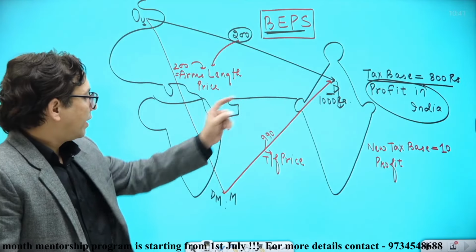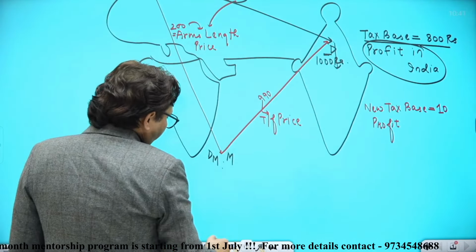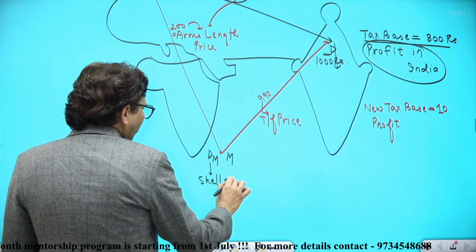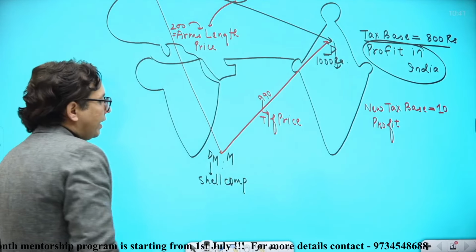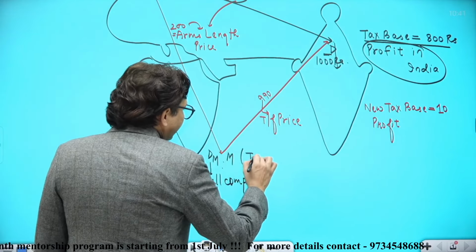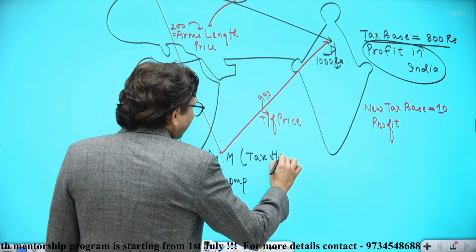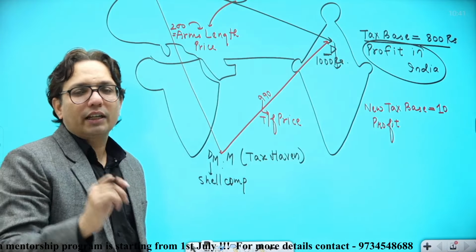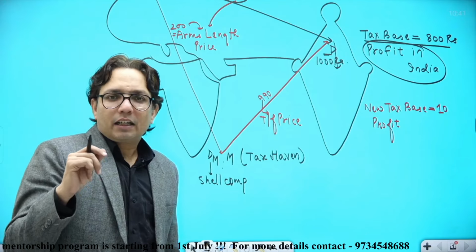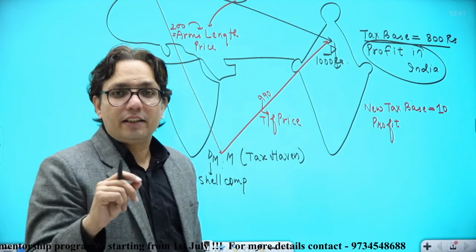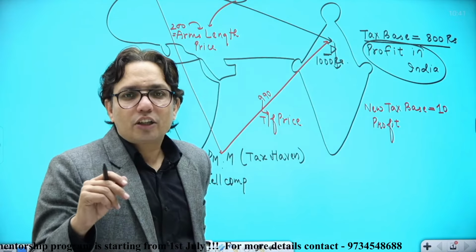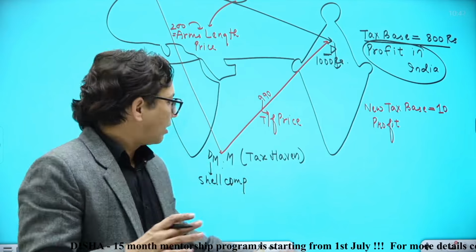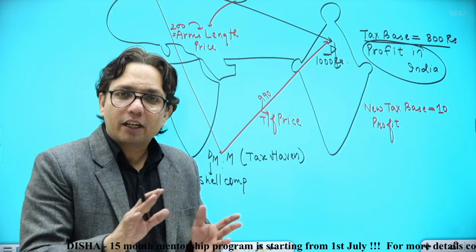Then what does company D do? It sets up a shell company, DM, in Mauritius, which is a tax haven. Tax havens are those countries which have very low or zero tax rates, and the financial authorities of these countries, like the banks, cannot share information with the tax authorities of other countries, like which people have companies or bank accounts in these countries.